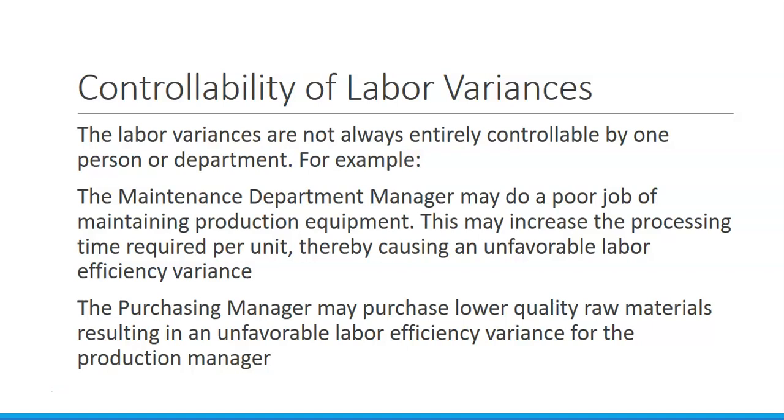The same as I had said, if the purchasing manager purchases a bunch of lower quality materials, that takes a lot longer to assemble because we're having to sort through and find the decent materials. We're having to sort through a bunch of scrap and waste.